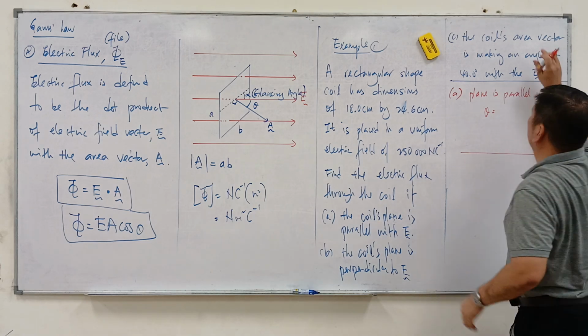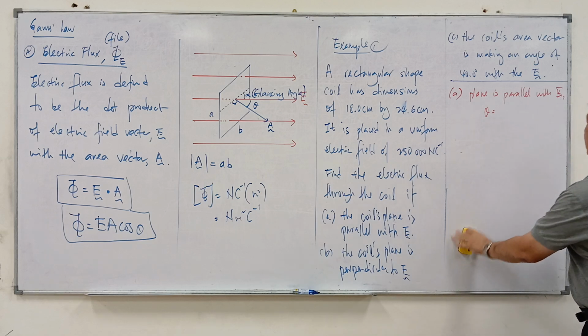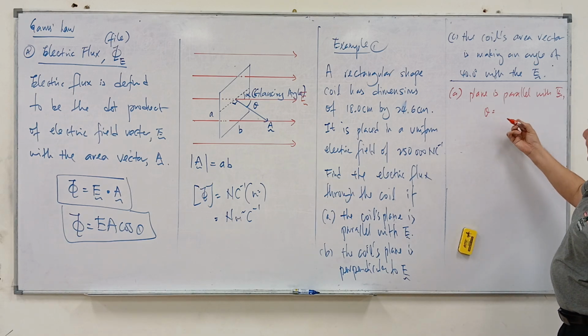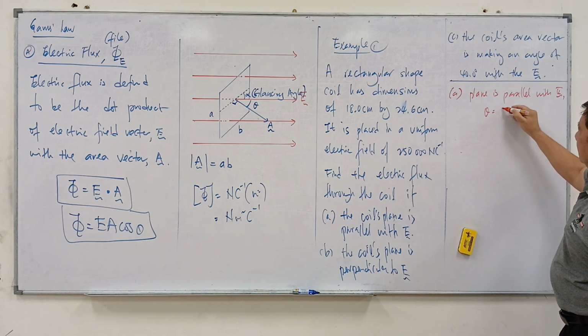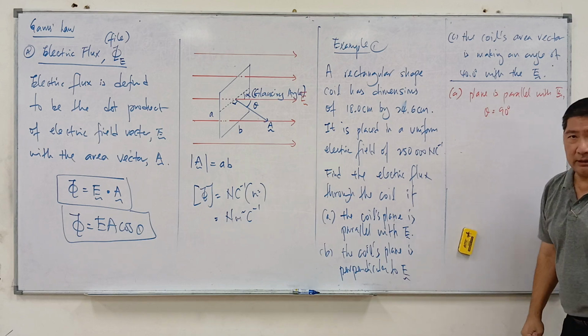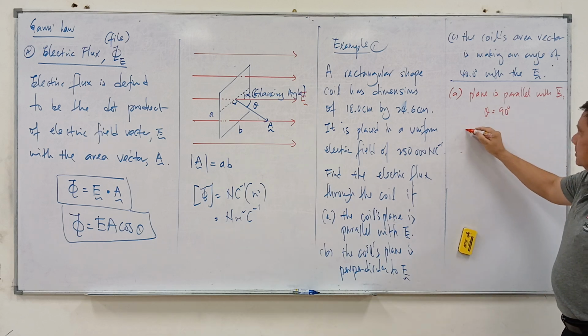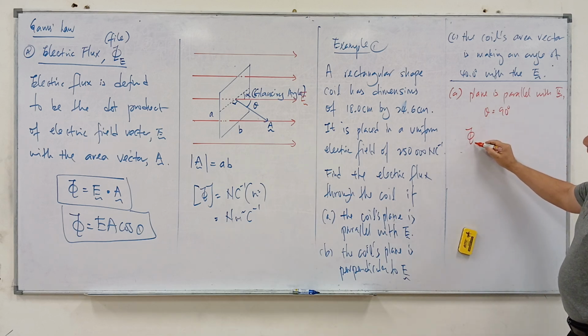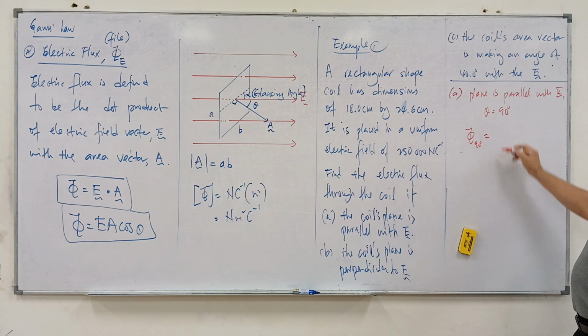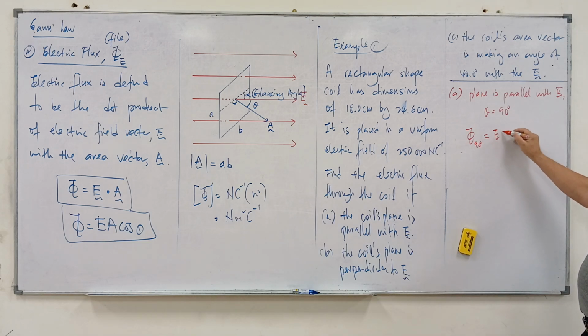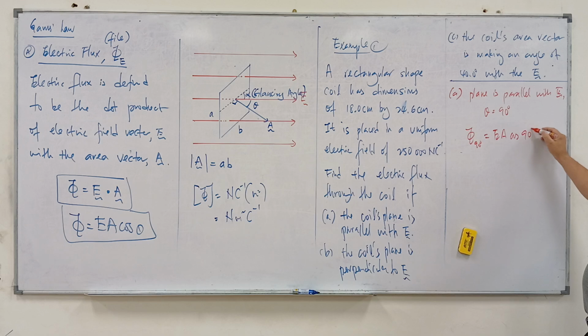Okay, this one we don't need anymore. Alright, so now we know for the first one, the plane is parallel, then your theta is 90 degrees. Okay, 90 degrees. So you can calculate the flux at 90 degrees, which is equal to E A cosine 90.